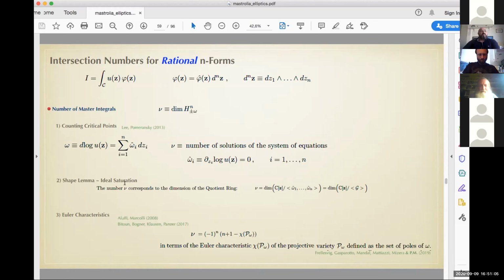Again, the number of master integrals is the dimension of the quotient ring between the polynomials in our coordinates with respect to the ideal generated by the dlog form of, eventually, the Jacobian ideal of the omega.